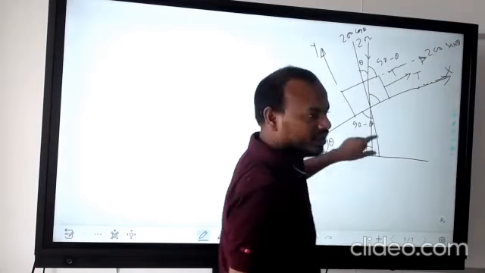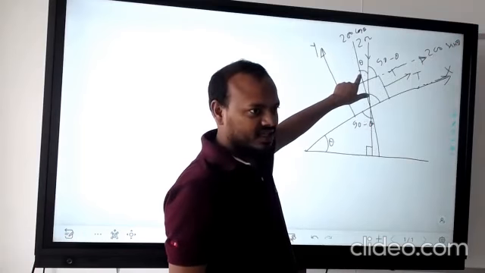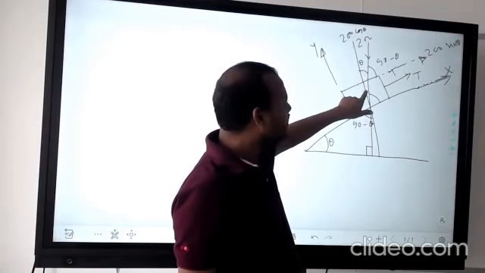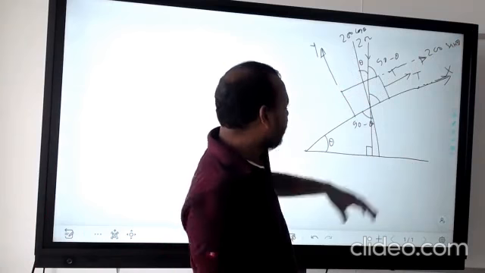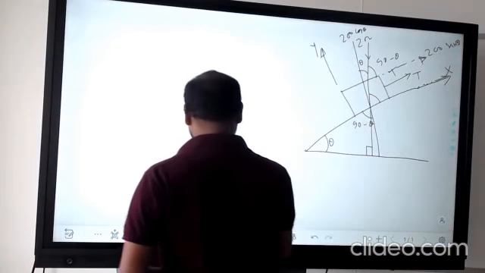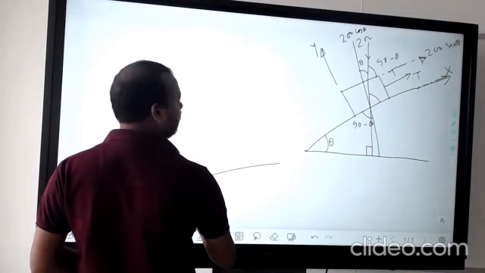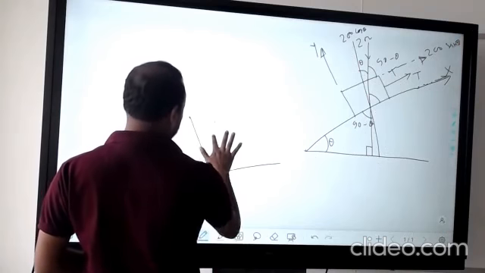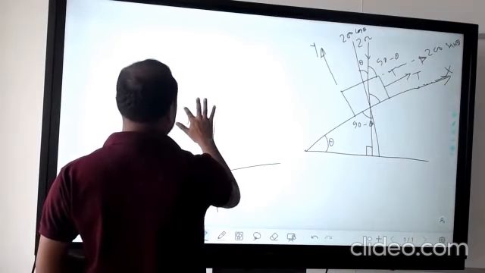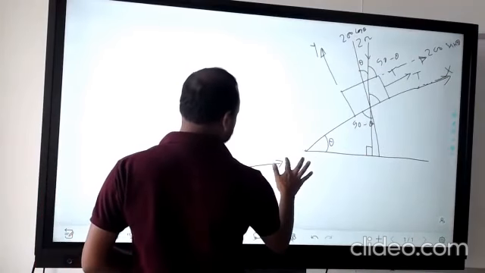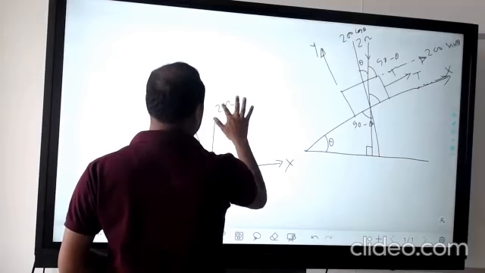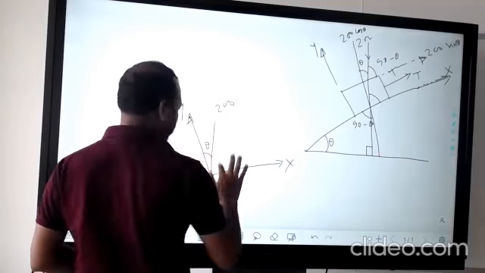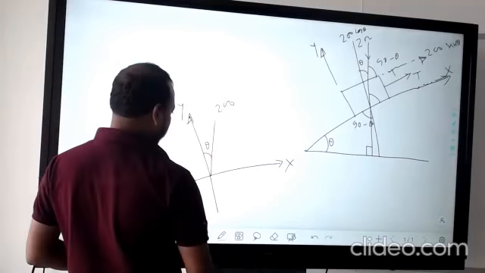Which one? This side. That is cos theta. Sin theta, in the downward direction it will act. This is your y axis, this is your x axis, this is your 200, this is your theta. That is cos theta, and that is acting towards this.